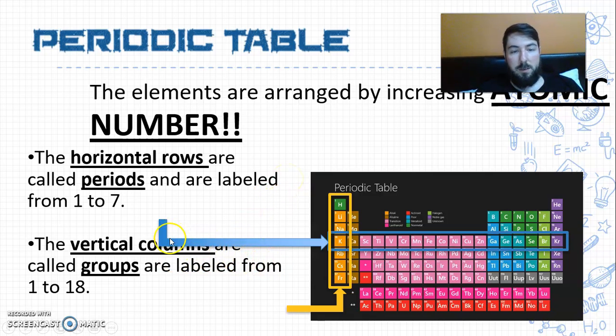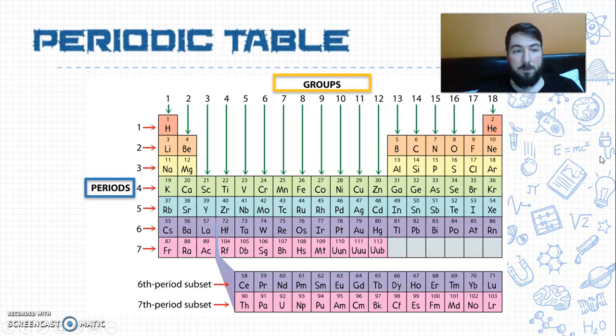The vertical columns, the ones going up and down, there are 18 of them, and those are called groups. That's why these lines here are all grouped together. And here they are numbered, 1 to 7 and 1 to 18.